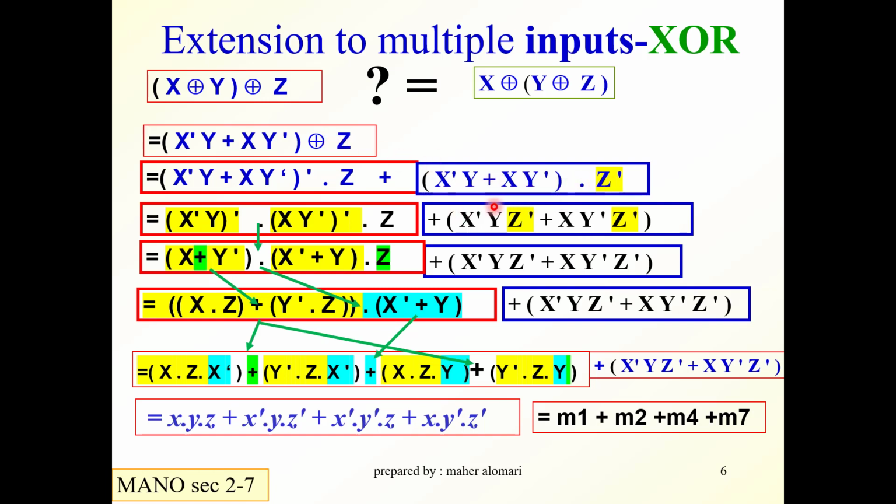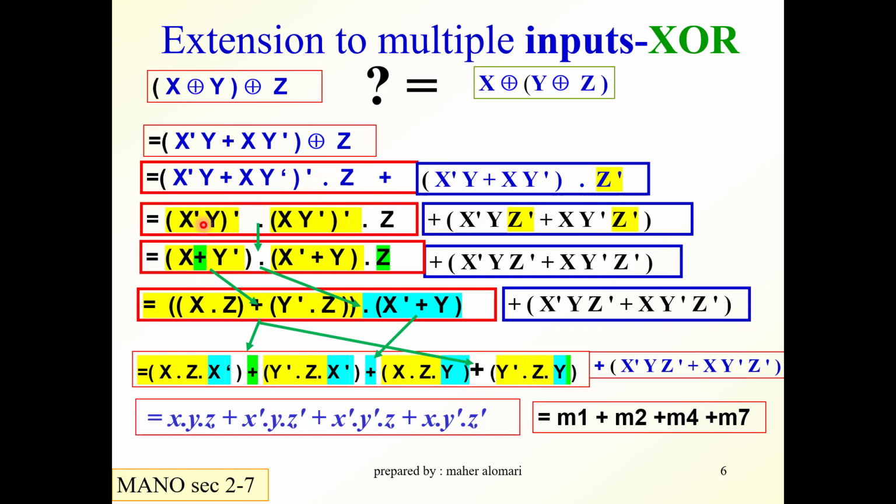Here we take the Z inside, so we get this, and we take the Z inside and we get this. On this part, we take the complement inside, so we get this, and this OR becomes an AND, and the complement of this one as shown, and this is Z. Now, we take this complement inside, so we get X instead of X bar.